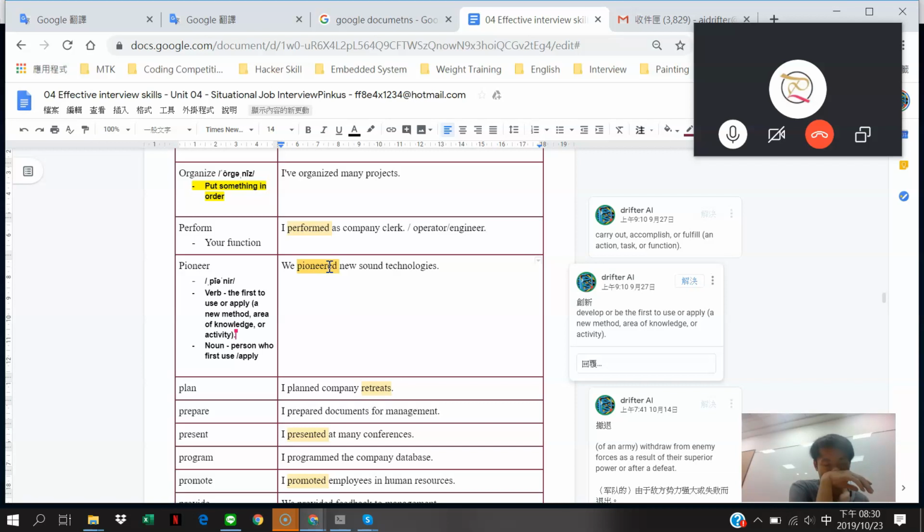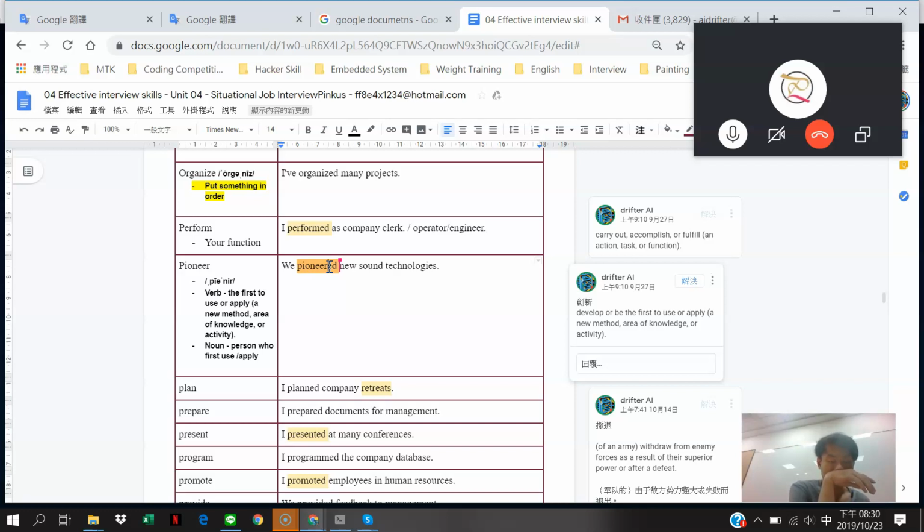So if it's a verb, then it's an action, that's what they do. When we say noun, that refers to a person. The word is still the same, it's still pioneer, but it depends on how it functions in a sentence. So in our sentence, what's the function of the word pioneer? Is it a verb or a noun? It's a verb.